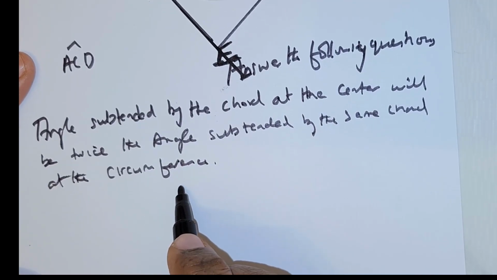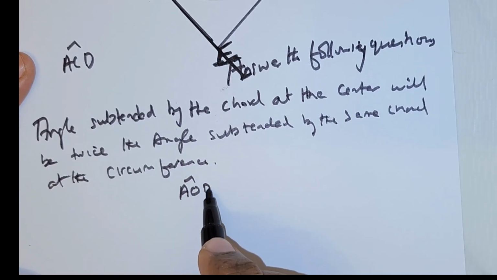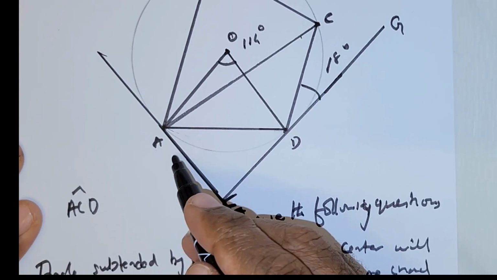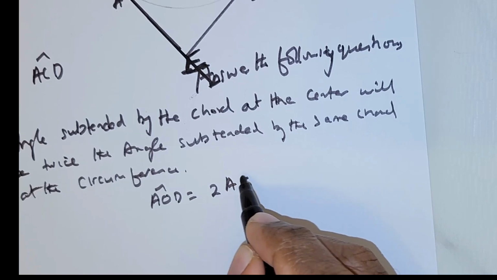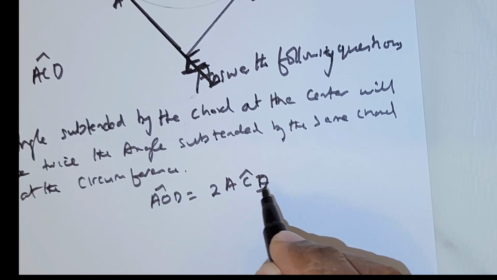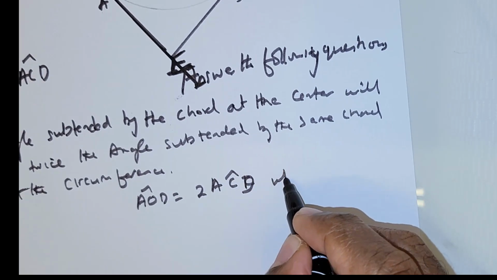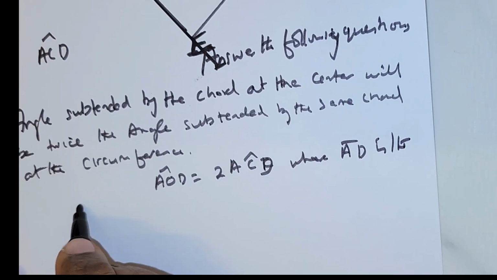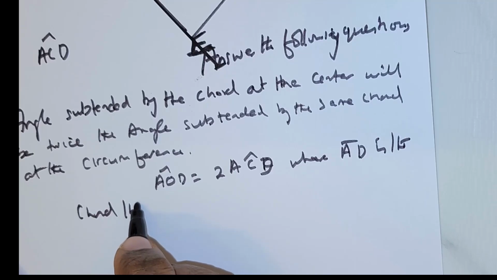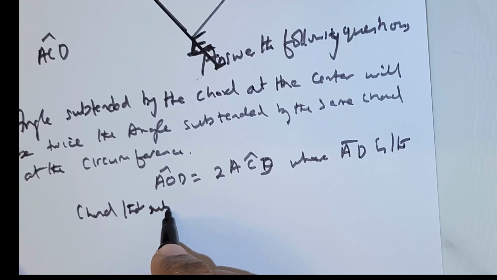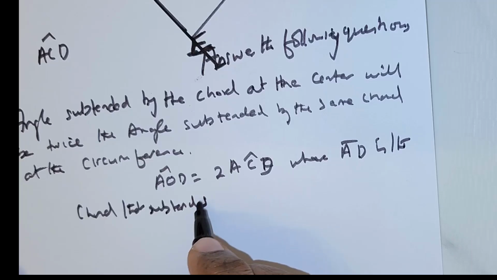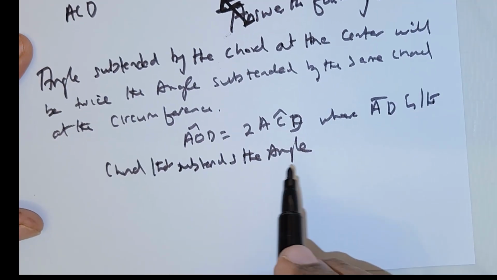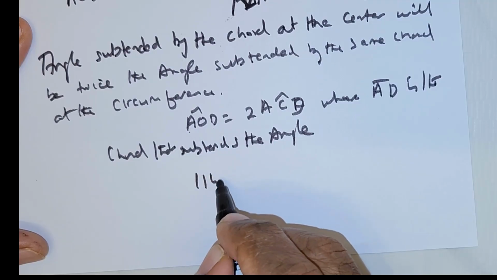So what is the meaning? It means angle AOD will be equal to twice ACD, where AD is the chord that subtends the angle. Okay, so AOD is given as 114.